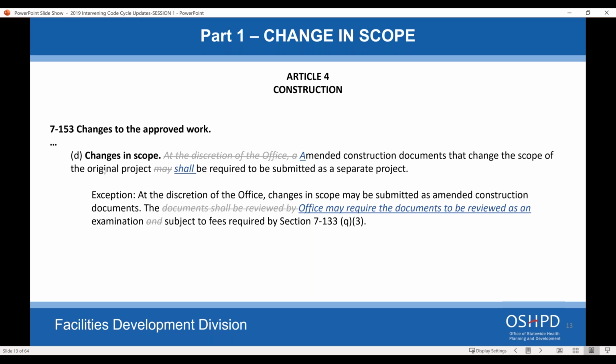Again, this is old code language that was already there, but what we're basically doing is giving the option of reviewing that as an ACD, but it will be done as a time and material examination type project.